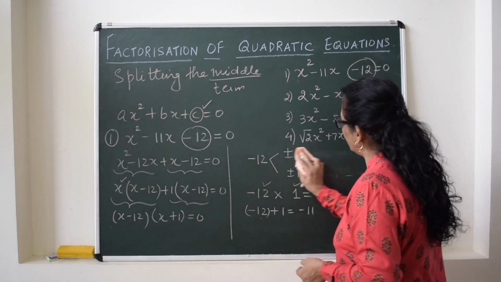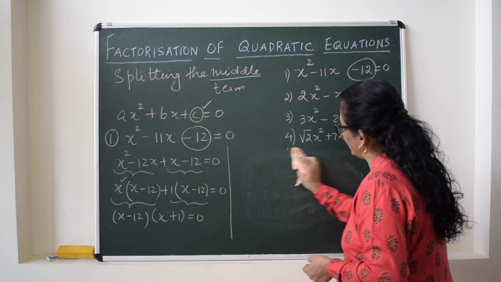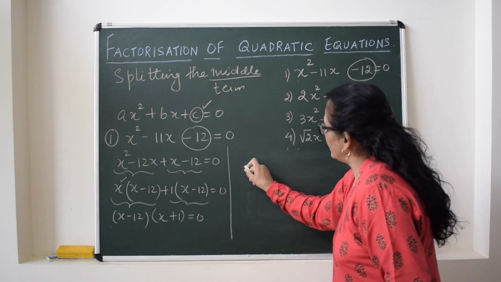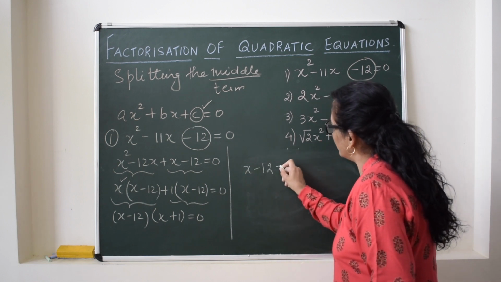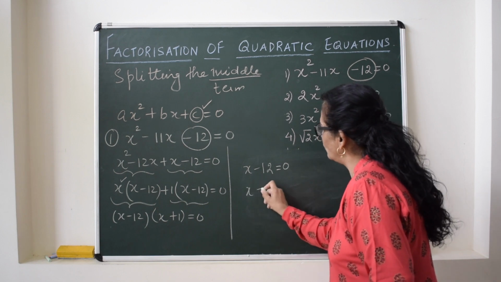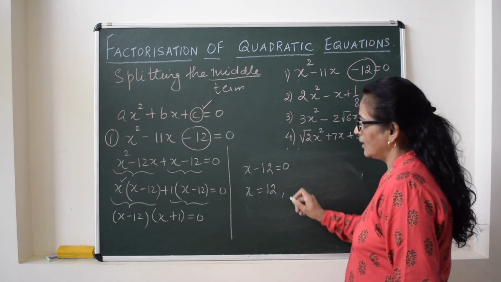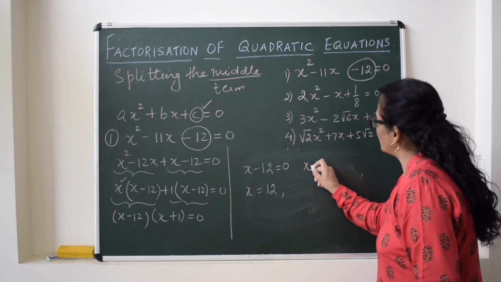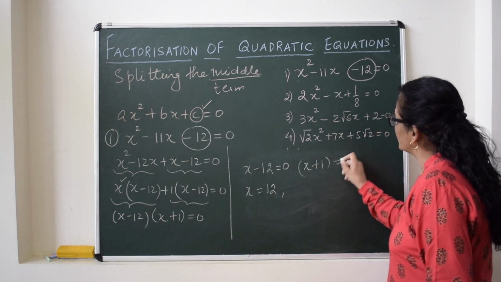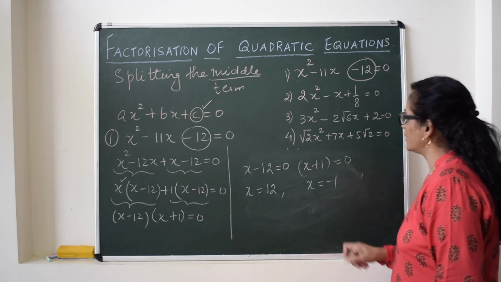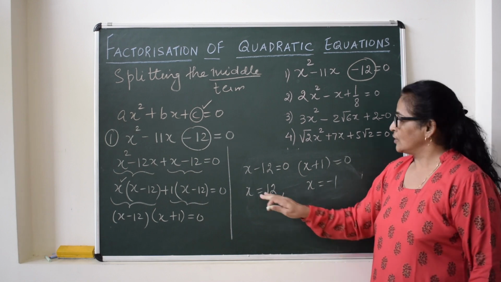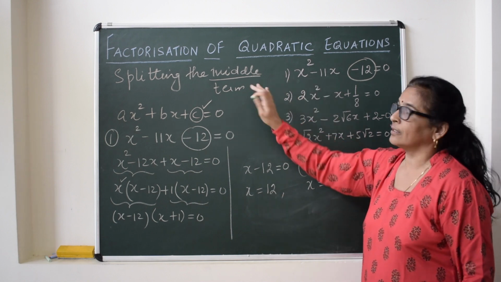So each linear factor we will equate to 0. So that will give us x minus 12 is 0, so the value of x is 12, and the second factor x plus 1 is equal to 0 will give x is equal to minus 1. So this is the first type of splitting the middle term.